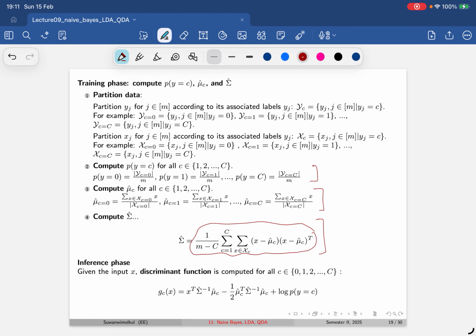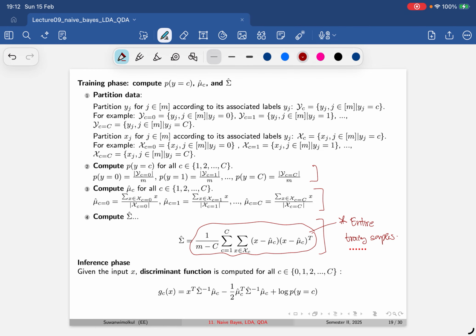They compute the sample variance of the entire training sample.